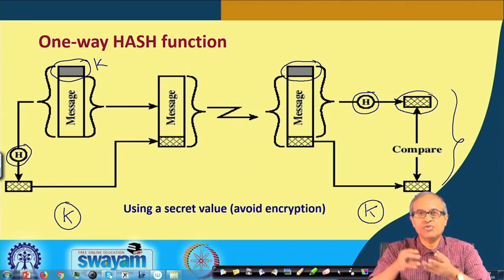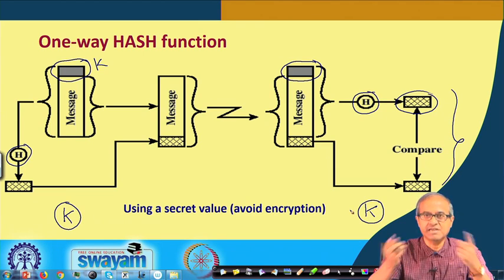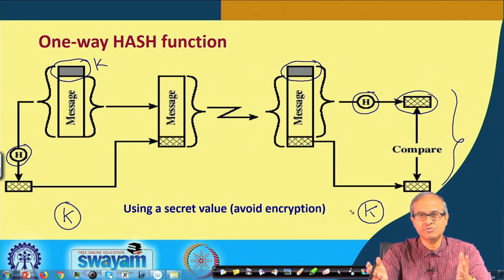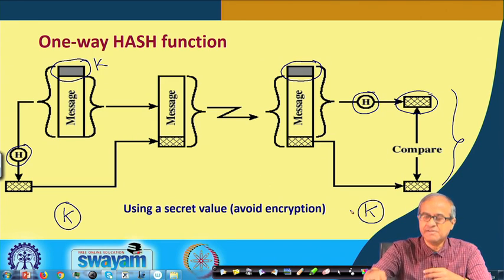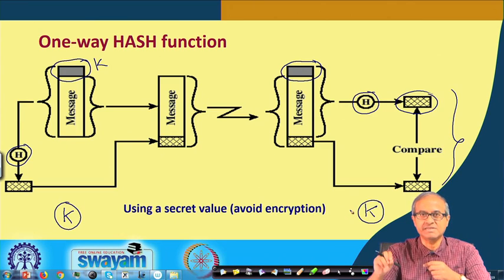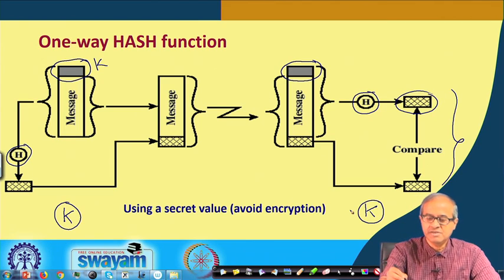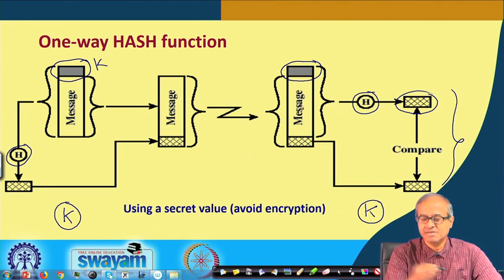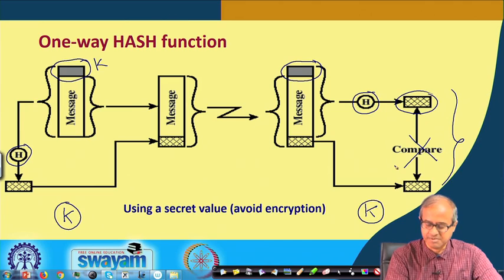See, here also we are achieving both things, but without carrying out any encryption, because the key value is shared by the two parties. If the comparison succeeds, it means the message must be coming from the intended sender, and if there was some modification in the message, the hash value would have changed, so there would be no match. So I can achieve both things, but here I am avoiding the step of encryption.